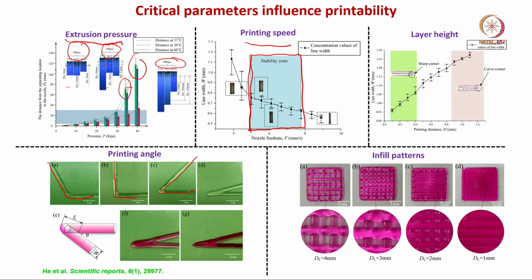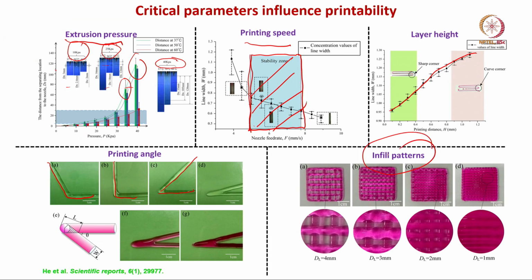You can see that line width decreases with respect to the nozzle feed rate, but this region is the stability region. Then layer height: line width versus printing distance, and you can see this is the sharp corner and this is the more curved corner. So, layer height keeps on increasing with respect to the printing height.